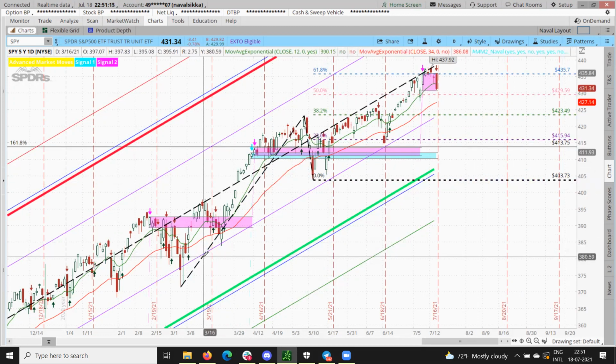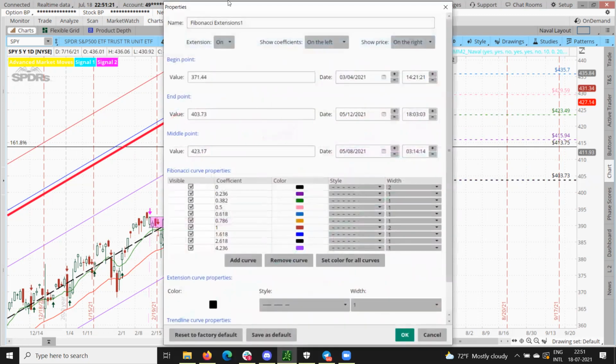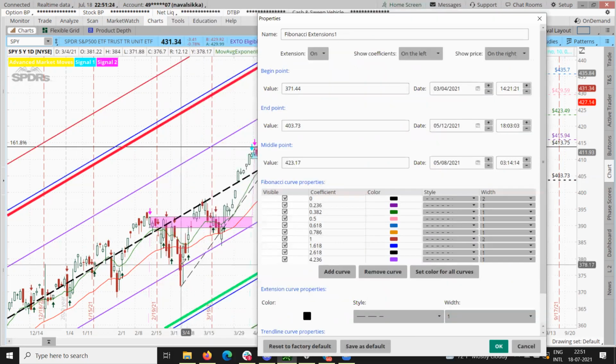In order to make it precise, I will right click there, edit properties. I will do the extension and I will look at the low of this candle. The low was 371.88. I'm just trying to be precise so that when the numbers come out, they should be very clean.